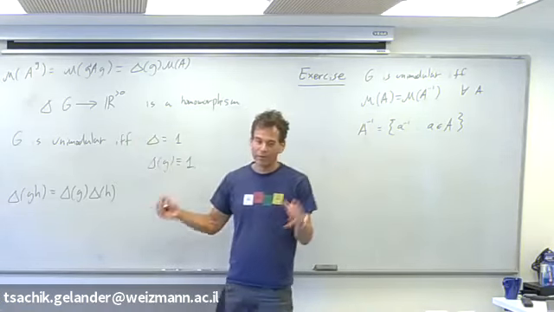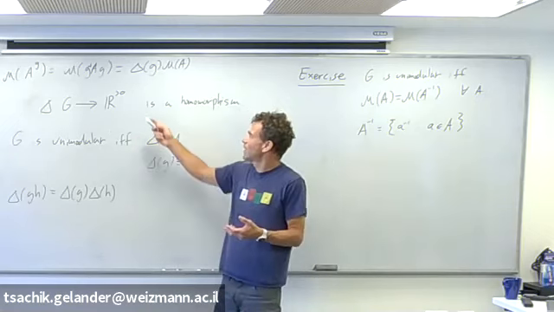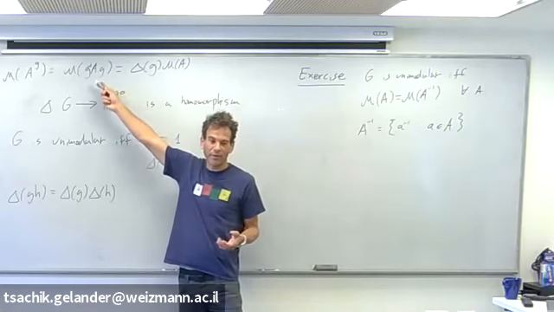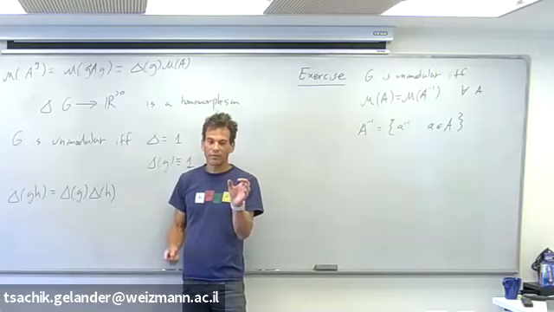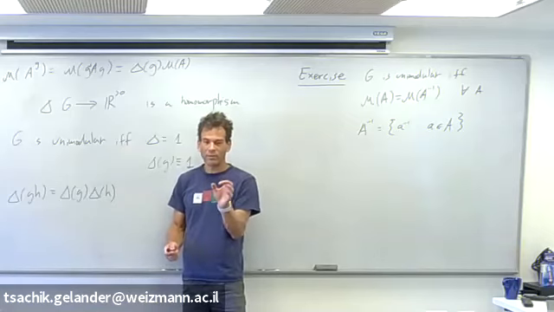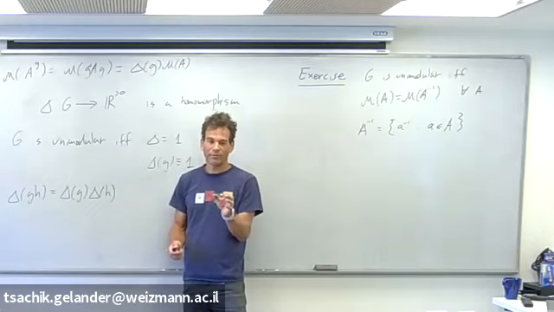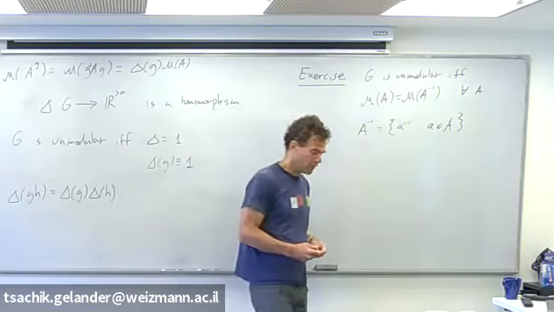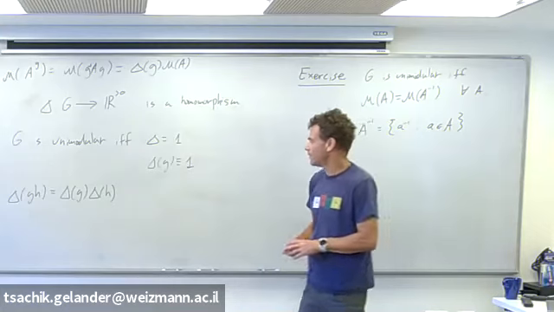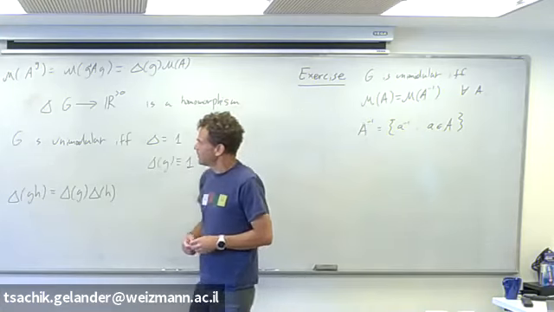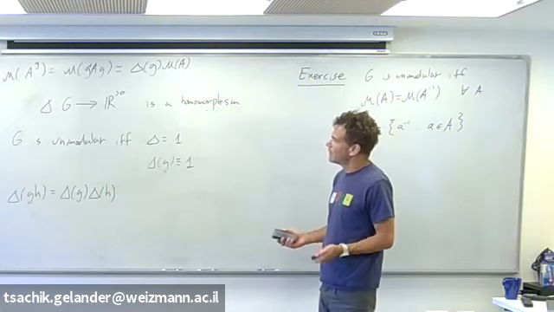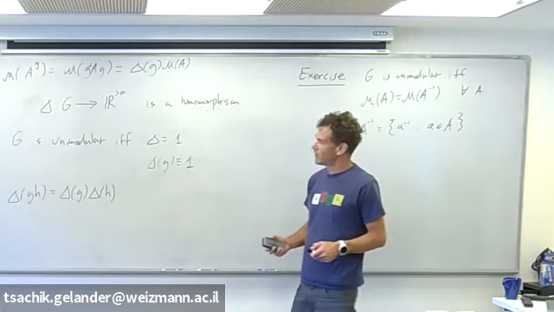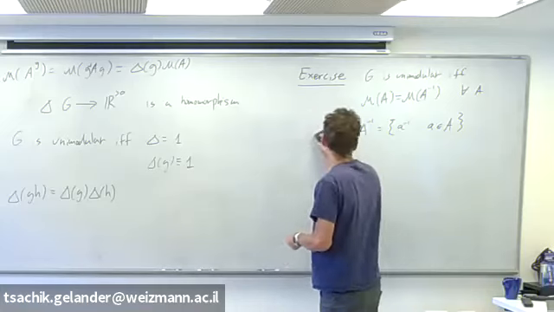When you want to compute it, you can take A as you like; it doesn't depend on A. Take A a nice compact set, and then you see that if you move it a bit, its measure changes by a small amount. So this is about very general stuff about Haar measure.